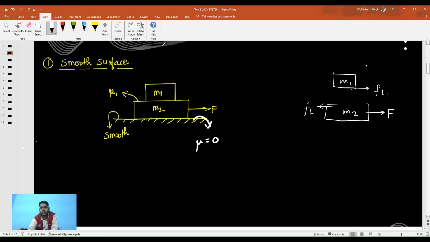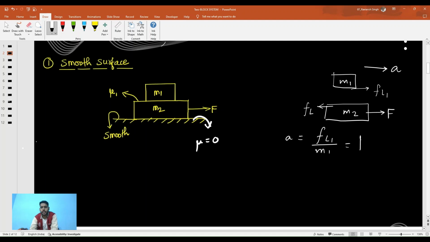So, assuming that they both are going in the forward direction with an acceleration a, a common acceleration, we are neglecting the slipping between them for the time being because we will deal with it further in this concept application video. So, what we can write about a is that the total force acting on M1 is FL1, and the mass of M1 is M1.